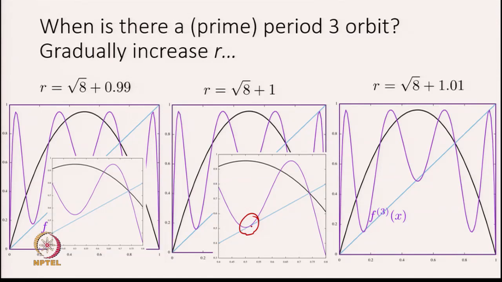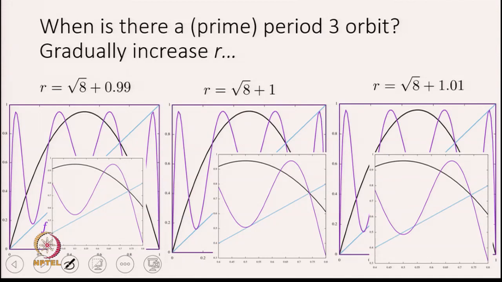The slope here is exactly equal to 1. And as we go above square root of 8 plus 1, the map now clearly intersects the diagonal twice. So, we suddenly have 2 fixed points being created.